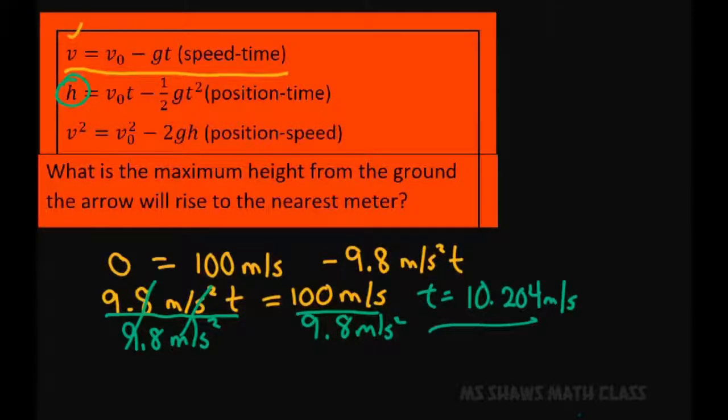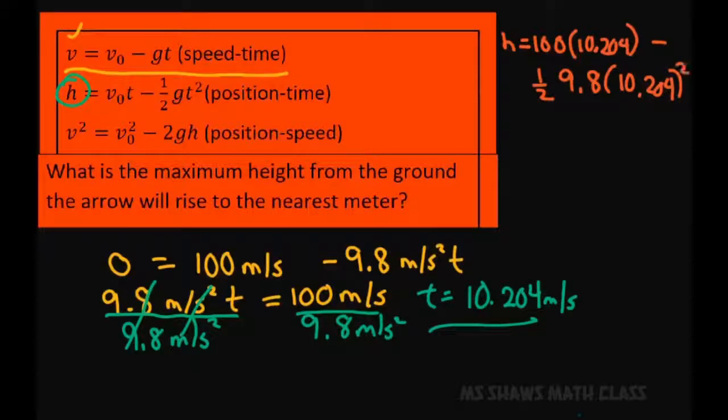Our height, because that's what we're looking for, our height is going to equal 100 times 10.204 minus 1/2 times 9.8 times 10.204 squared.